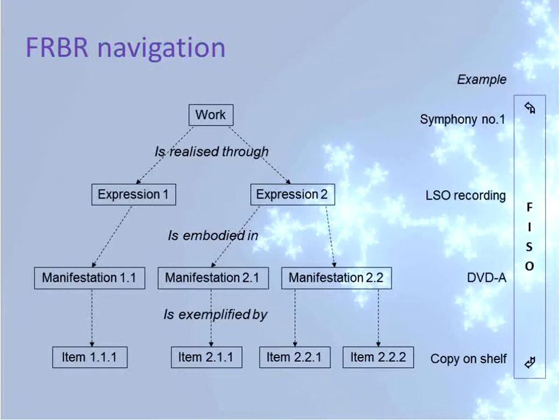But in any other complexity, where translations, new editions, abridgments, serial publications which have successors and predecessors, all of that complexity is handled by the FRBR model and is intended to help users to navigate through to find the actual stuff that they want.